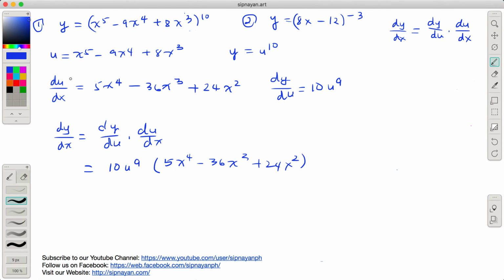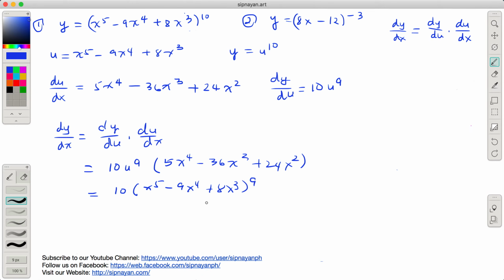So, substitute natin yung original expression. So, u equals x to the 5th minus 9x to the 4th plus 8x cubed. So, this is equal to 10 times u, which is x to the 5th minus 9x to the 4th plus 8x cubed, parentheses, to the 9th, diba? Ito yung u na 10u to the 9th.